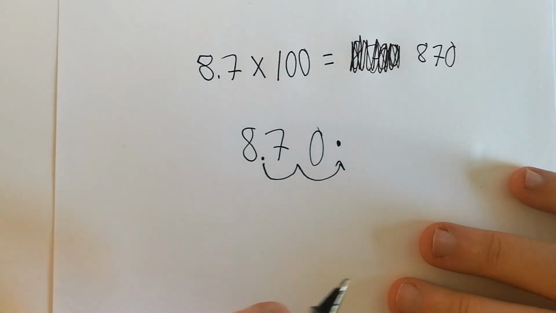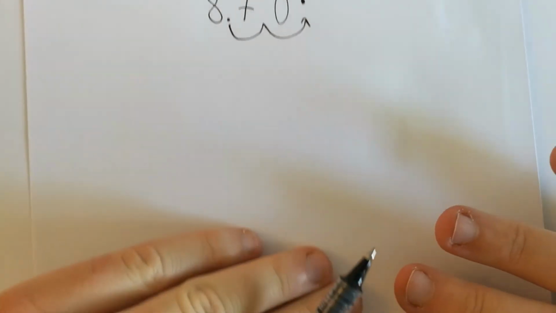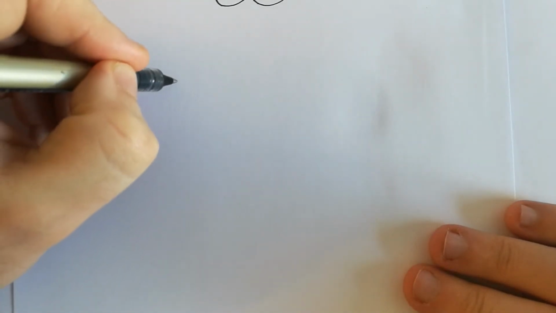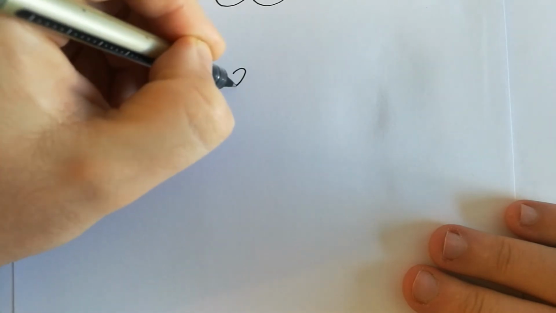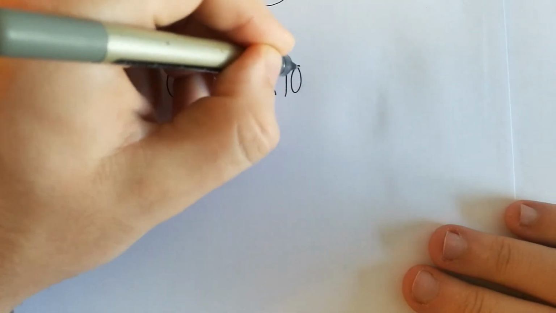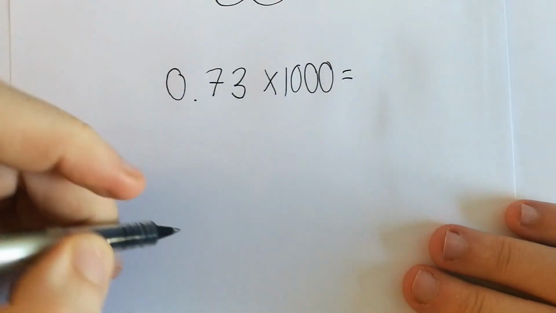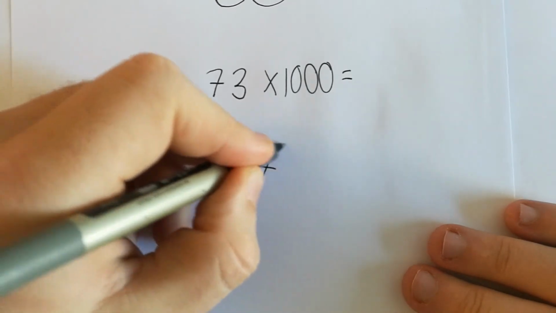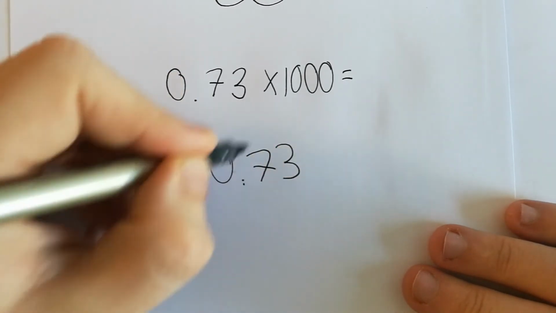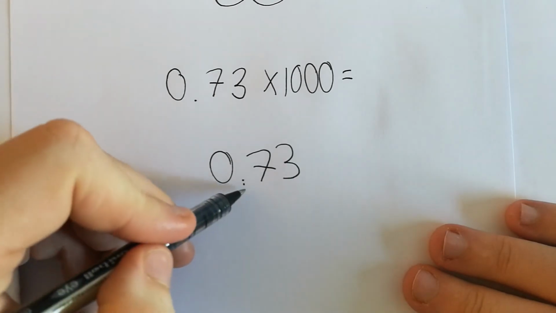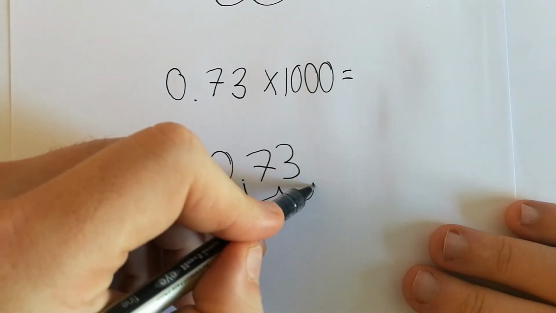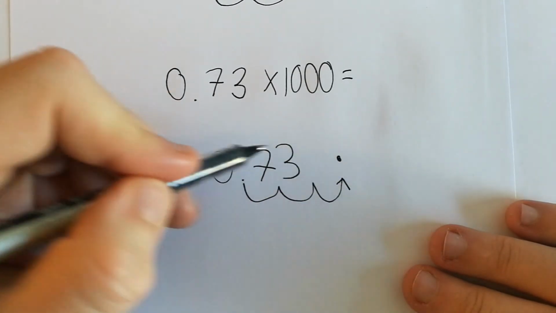So again, it's just moving our decimal point. Have one last look at this, and then we'll move on to these questions. So let's go for 0.73 times by 1,000. So we're going to write 0.73. We're going to move our decimal point 1, 2, 3 times. So 1, 2, 3 times to there.